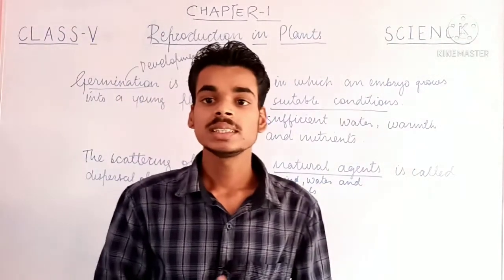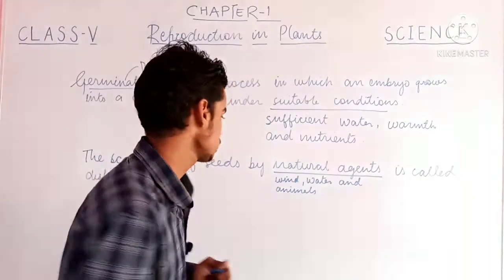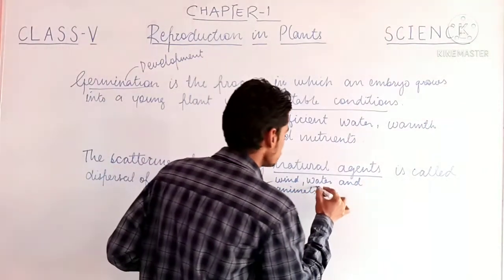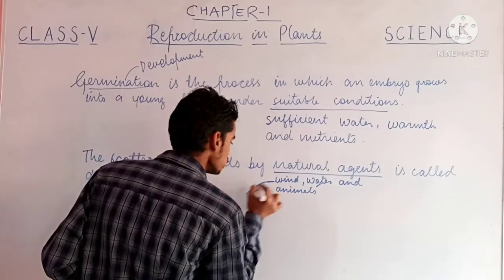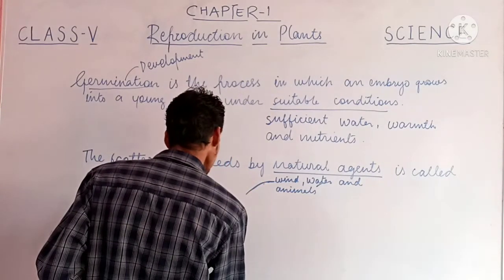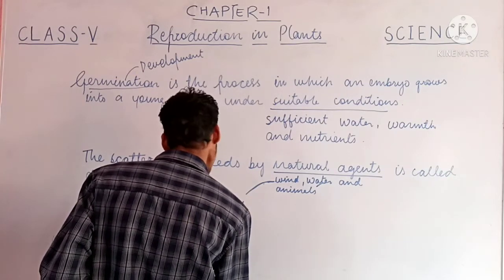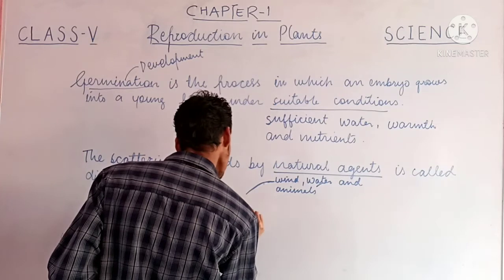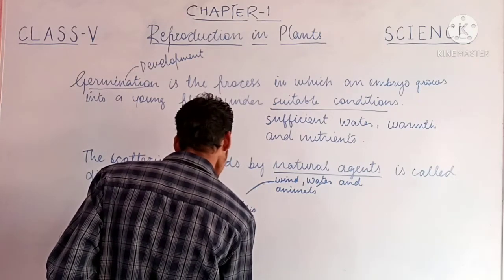Many seeds are dispersed in different ways. Some are dispersed by wind, some by water, and some by animals. Seeds dispersed by wind: cotton, calotropis, and dandelion.